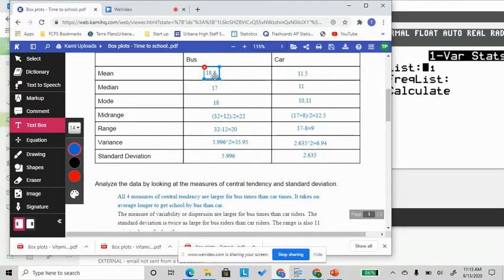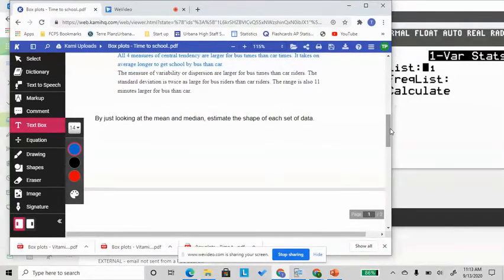But on this one, the 18.8 and the 17, it seems like the mean is being pulled up by something, and the mode is also 18. So the halfway point is at 17 there. If I look at the bus times, I'm going to do a little writing here.